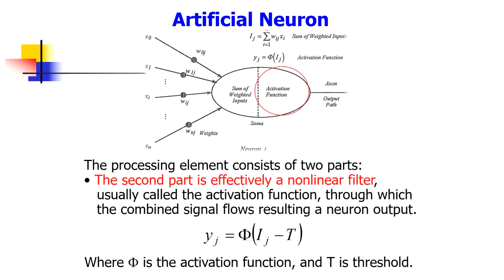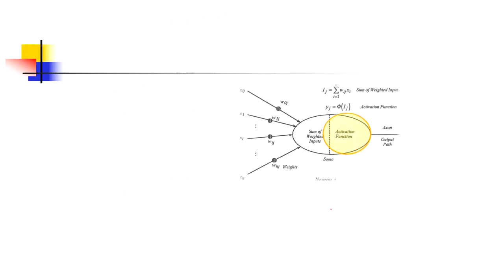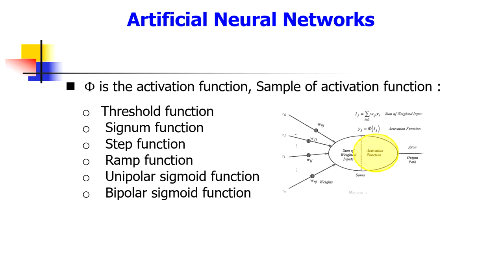And then the second part is the activation function. The activation function is used to ensure whether this neuron should be triggered or not. Usually we can use many types of activation function. Let's say the threshold function: higher than some specific value will be triggered, lower will not be triggered. The sign function is something like the probability of the output.